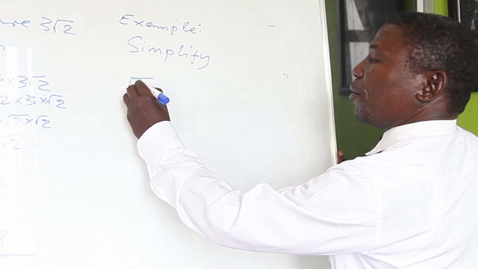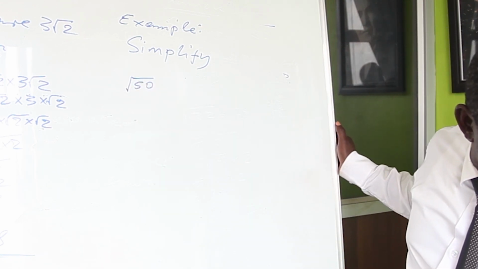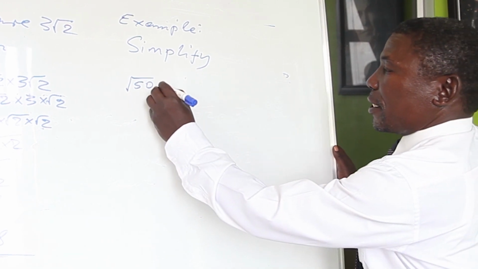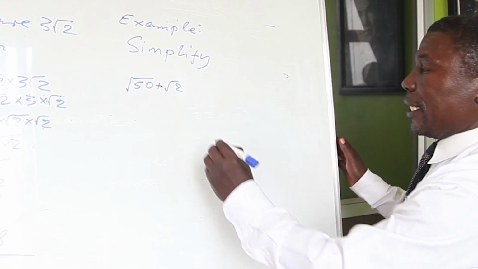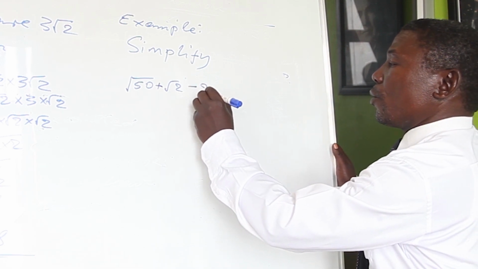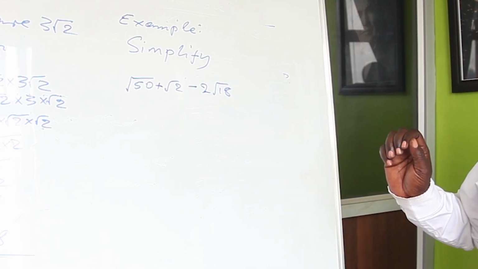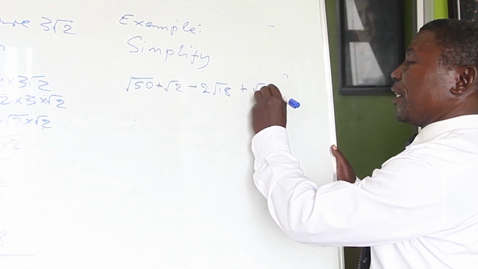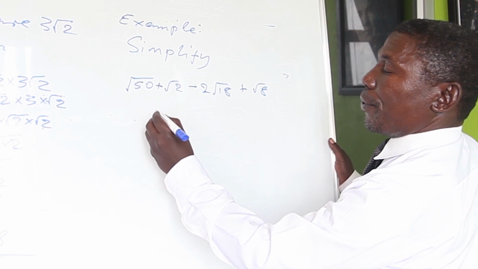Next, the square root of 50 plus the square root of 2 minus 2 times the square root of 18 plus the square root of 8.